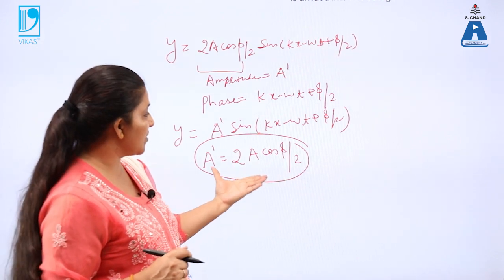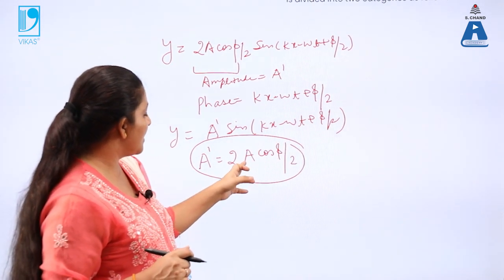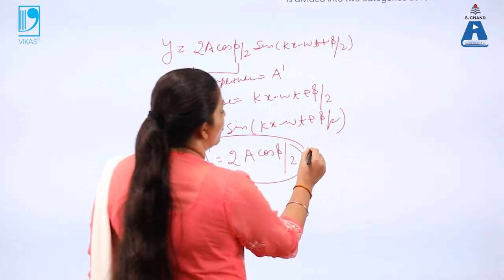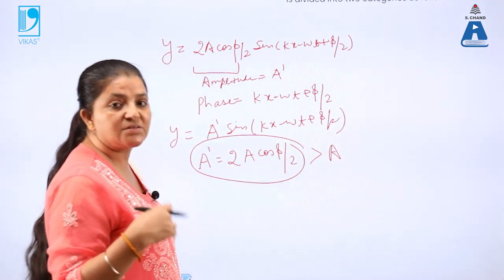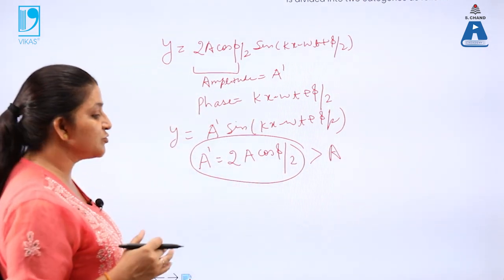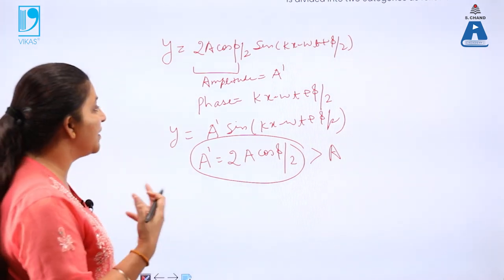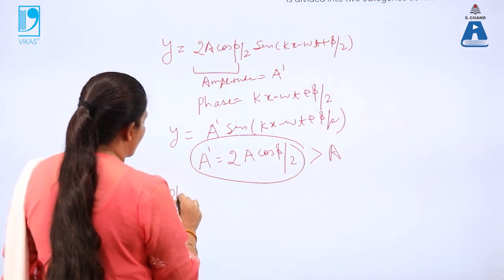So the amplitude of the resultant wave will be enhanced because of phi and a. These factors will enhance the a, so it will be more than a in this case. So this is enhanced. So when we superimpose the two waves, the resultant wave will be enhanced.